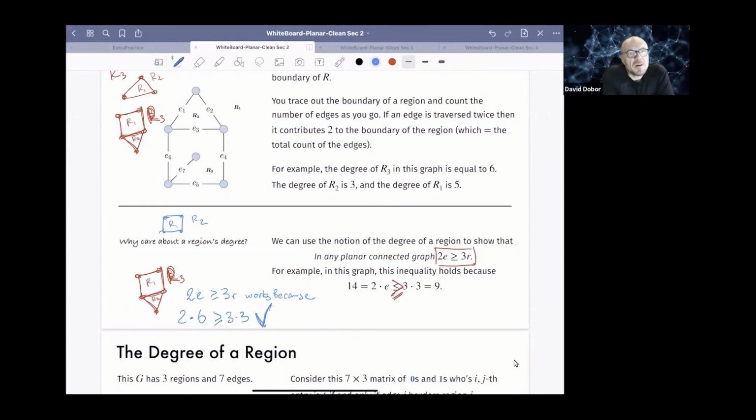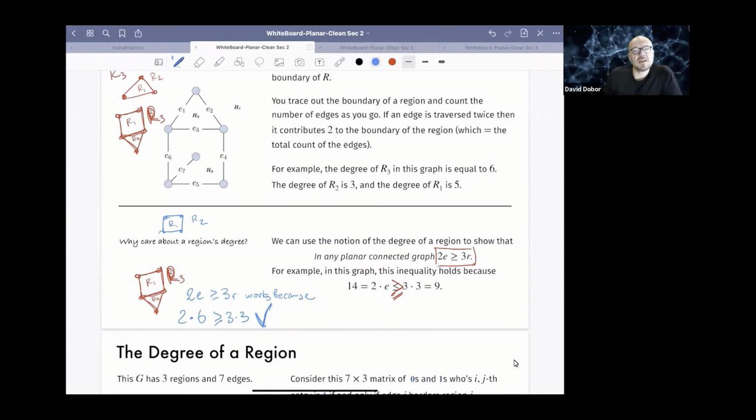The degree of both of these regions is 4. But you need at least 3 edges. You can't get away with just 2 edges to surround the region. And then they claim that because of those 2 facts, somehow it follows, and it does follow from these 2 facts, but I think it requires a better explanation why that's the case.